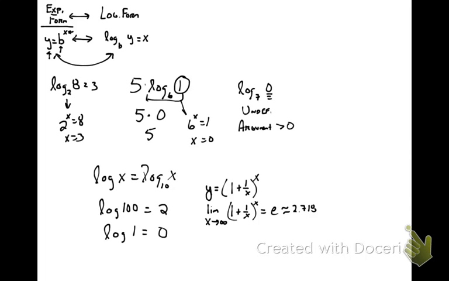Well, that's important to recall because this number comes up a lot, specifically in terms of anything that has to do with natural processes and natural growth. So e being a natural base, we say e to the x equals 10.